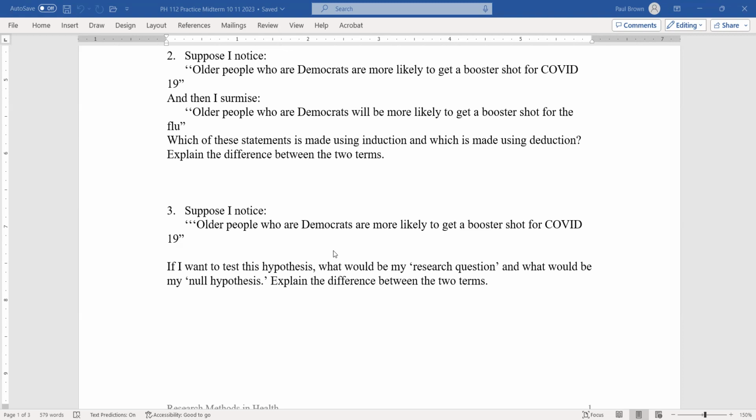And then your null hypothesis is Democrats are no more likely, or not more likely, than Republicans. Okay, is that clear?